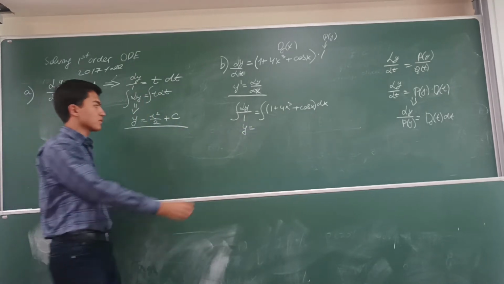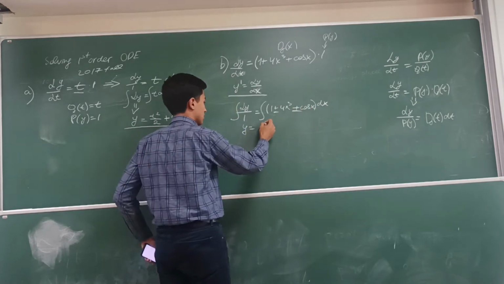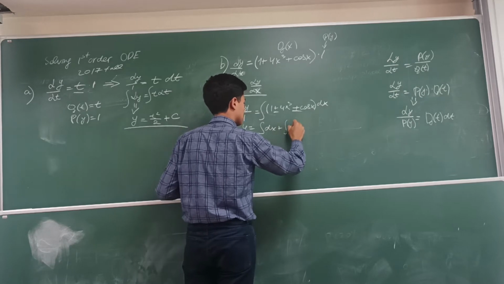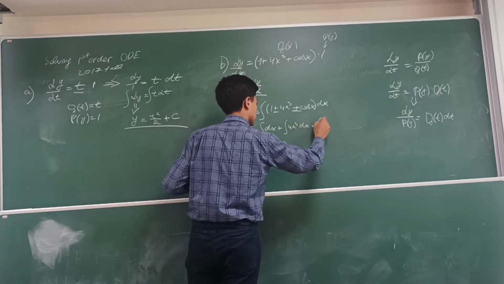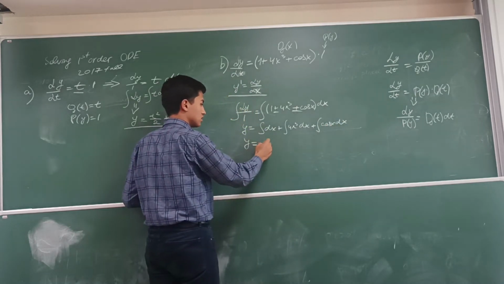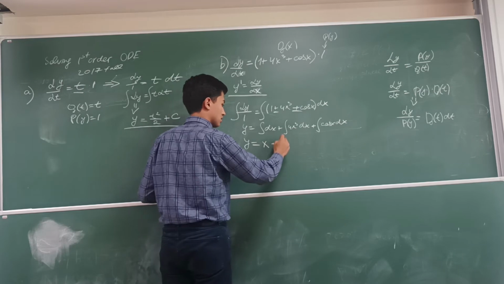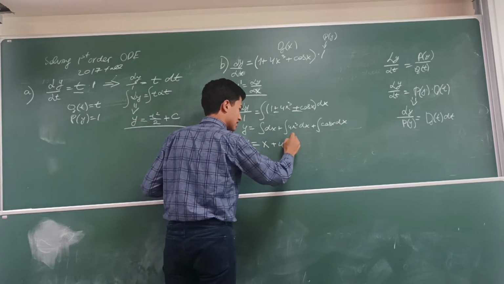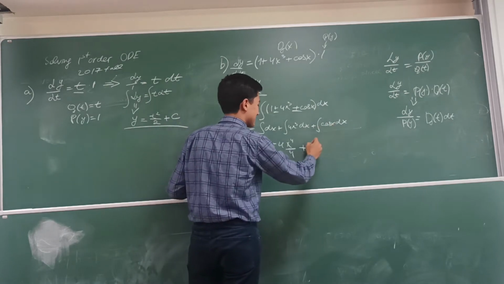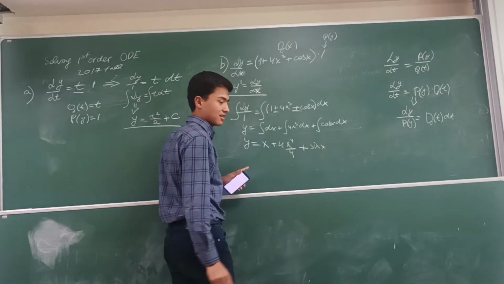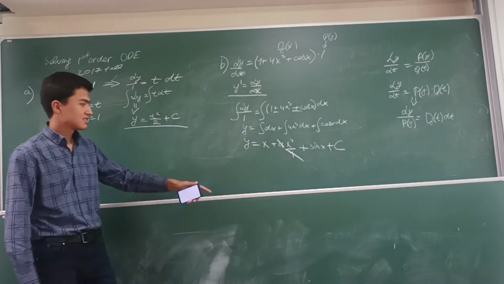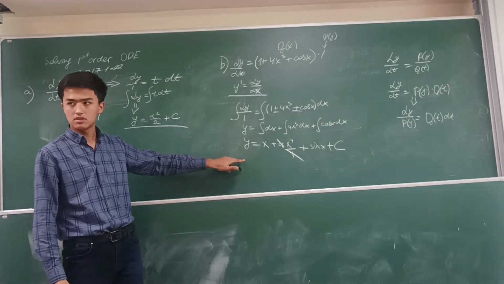If there is a plus, you can consider all these cases separately: x plus x to the power of 4 plus sine x. So y equals x plus x to the power of 4 plus sine x plus a constant. Perfect, this is easy. This is again an explicit solution.